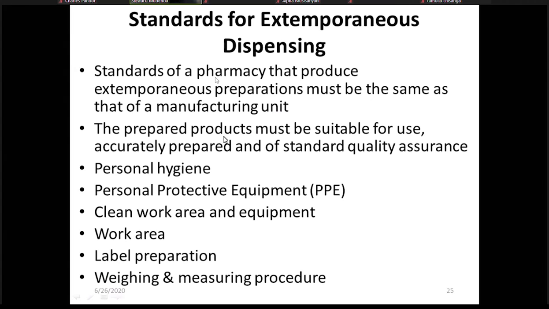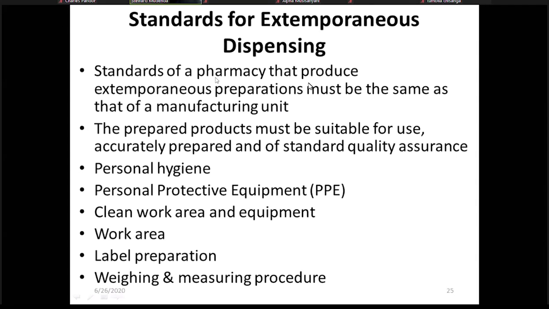So each extemporaneous preparation room, or each room where there are products which can be prepared or compounded, has to meet certain standards, okay? And these standards in an extemporaneous room must be the same as the standards of a manufacturing company or a manufacturing unit where they are producing drugs at a large scale. So they should have the same standards.